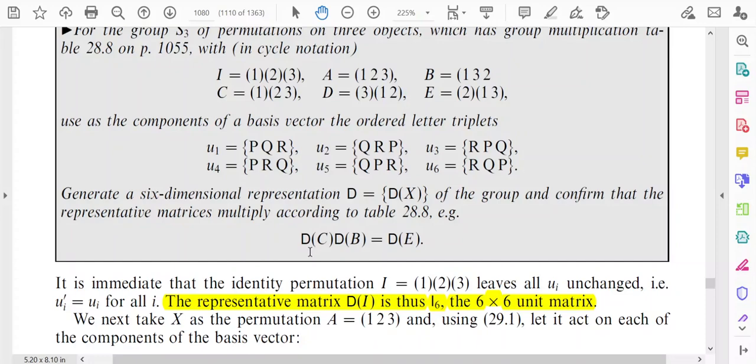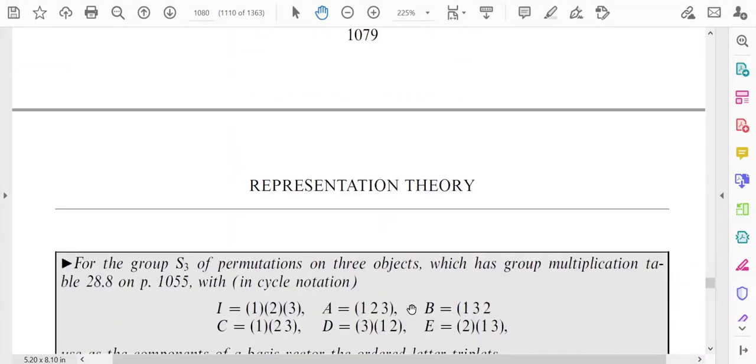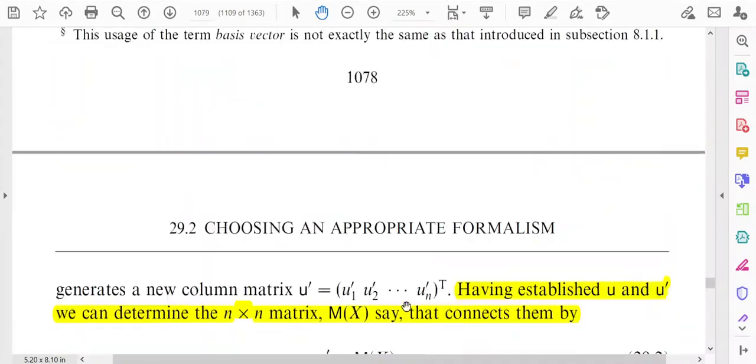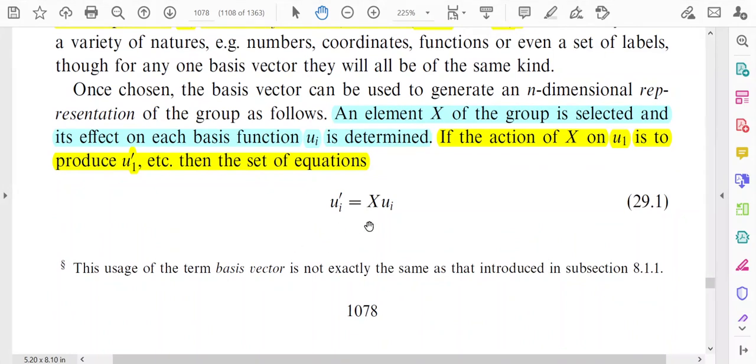Now at first you take the first element, that is the identity element I. We know that the identity element I leaves all the basis vectors ui unchanged. This is its property. Now you see the first step. In the first step we said that we have to pick an element x from the group G, and check the effect of x on each of the basis vector components.